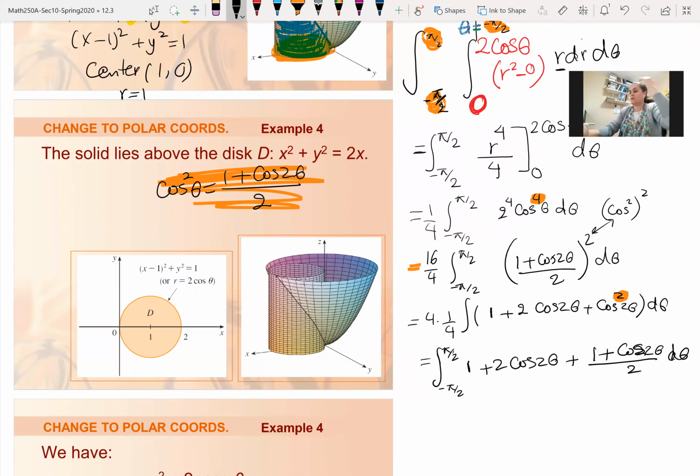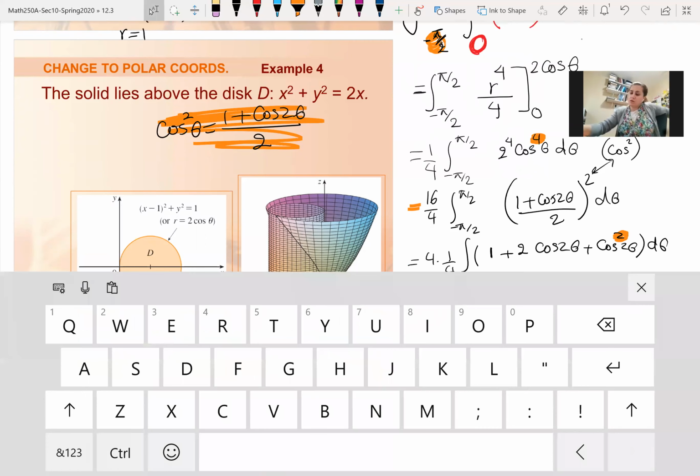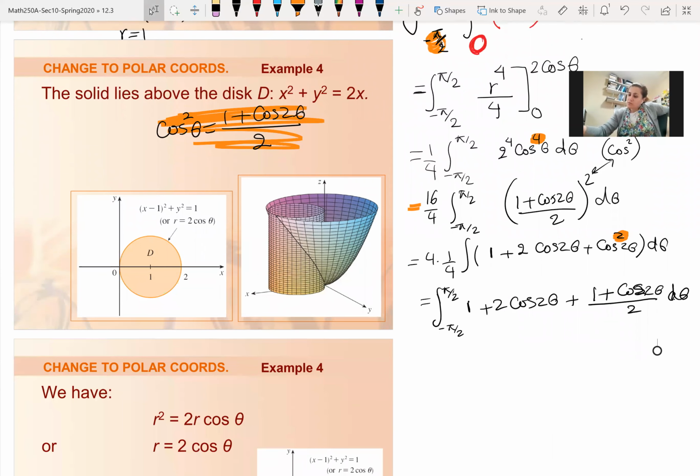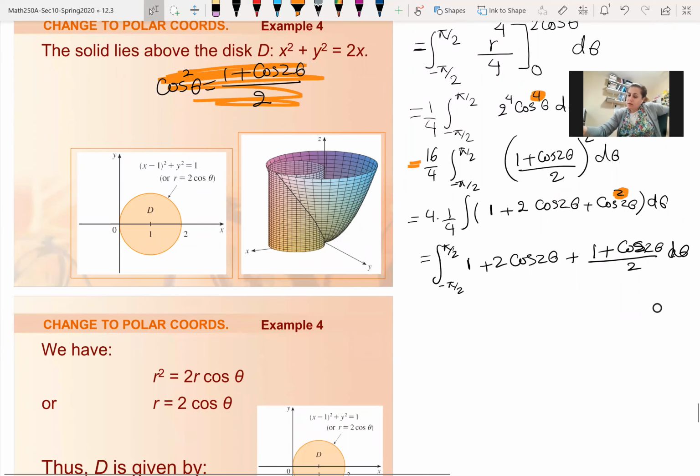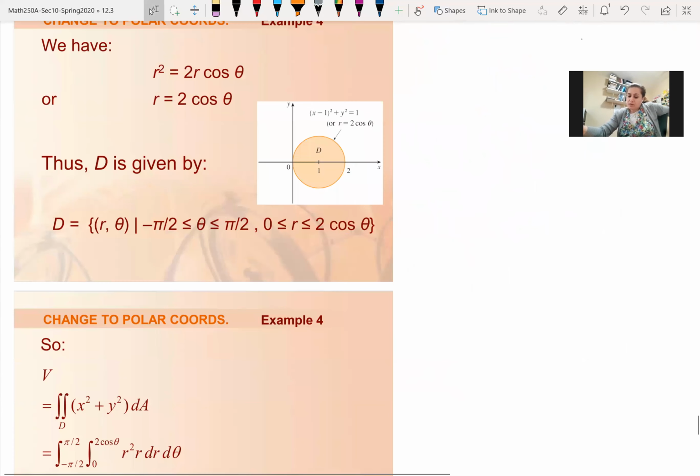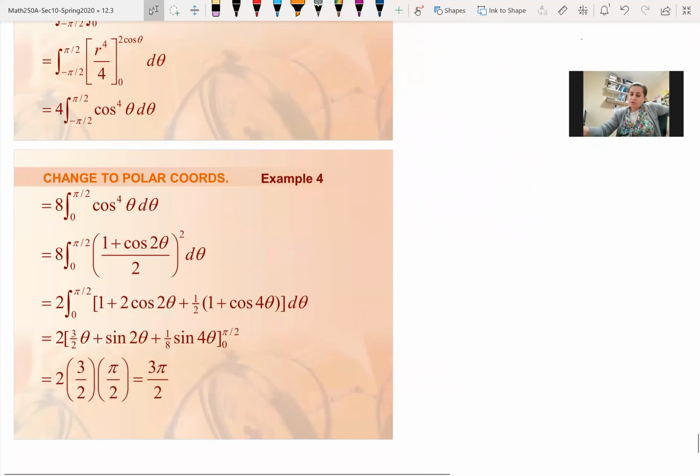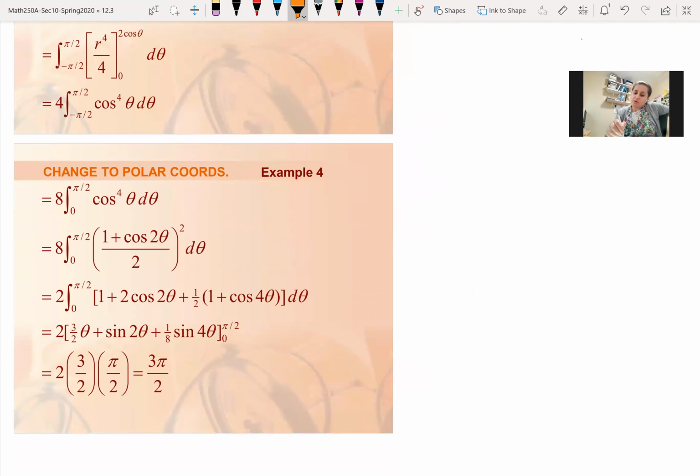I'm not going to do the next step. It's just one more step to integrate, and you don't have to worry about it. So what I have done is stopping right over here. It's just one more time to integrate every single term, and all of them are 0, so you just have the first term.